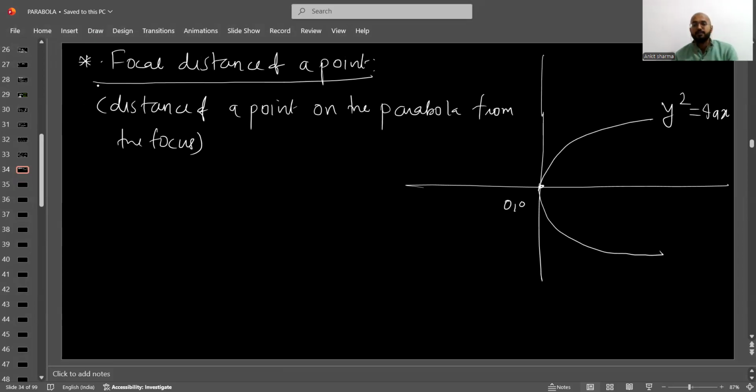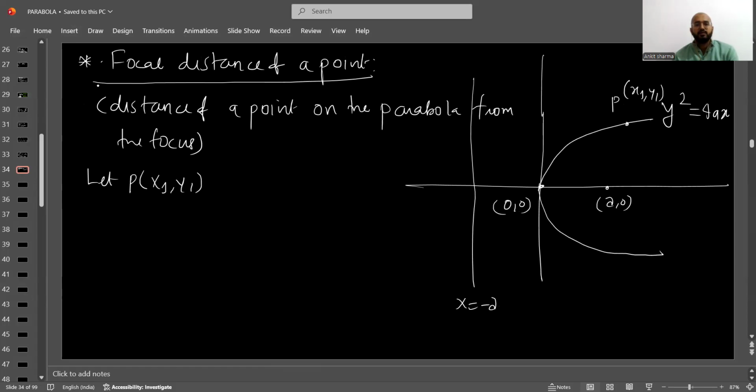This is my 0, 0. And here I have the directrix, which is x is equal to minus a. We have taken the standard parabola for simplicity. Now let's say I have a point here, which is P, of course x1, y1 on the parabola.